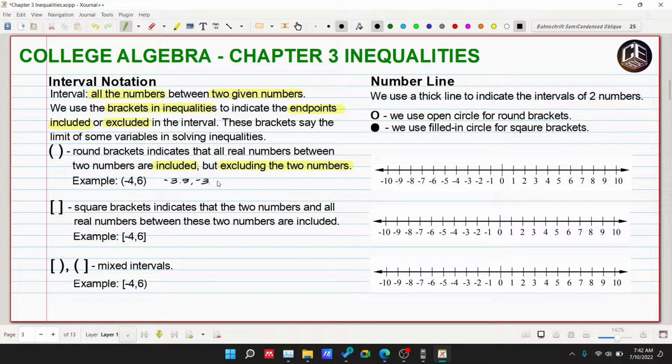And negative 3.8, negative 3.7. Yan, pasok yan sa interval. Okay? Then, ano pa ba ang mga pasok dyan? 5. Okay? 2. Yung mga yan. Or sabihin natin 5.99. 5.8. Pasok yan. Pero, excluding the two numbers. Hindi natin pwede sabihin na pasok yung negative 4 and 6.